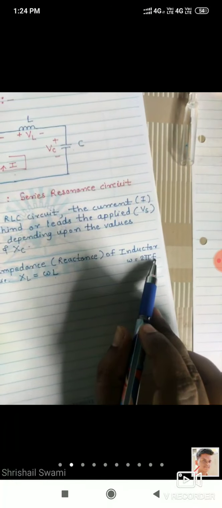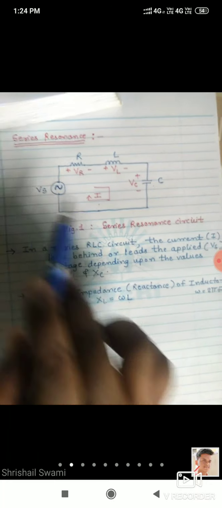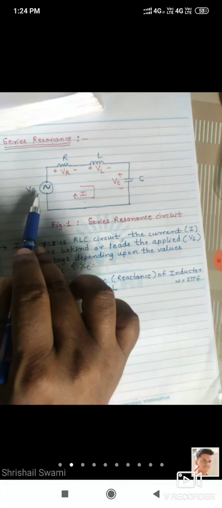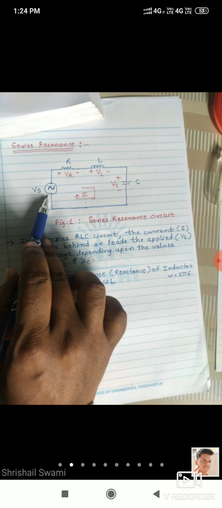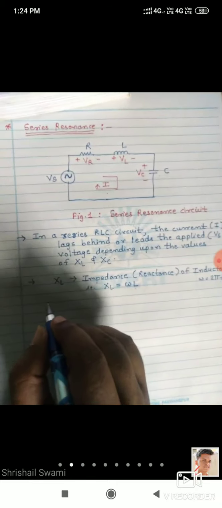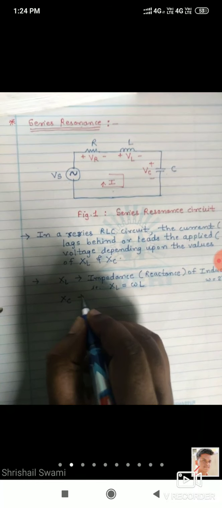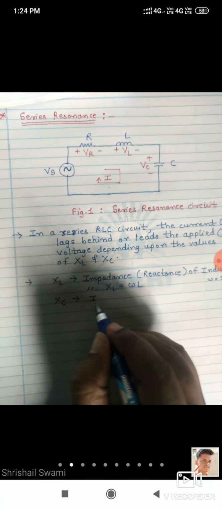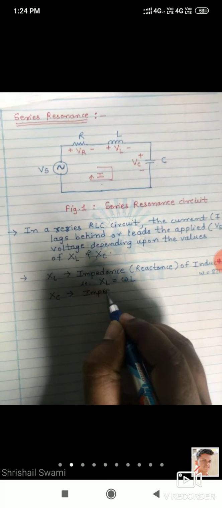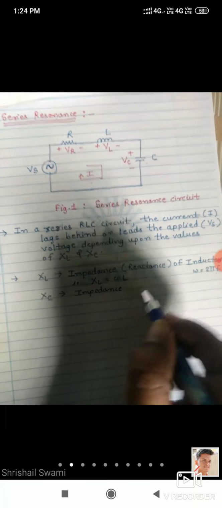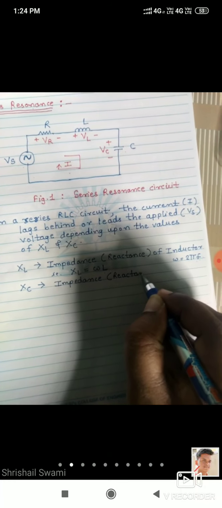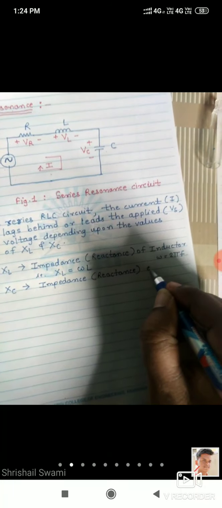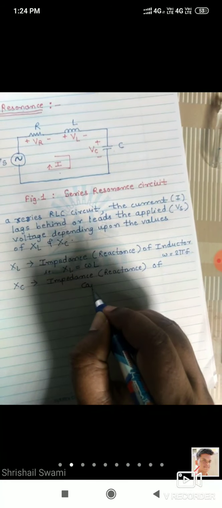So f is nothing but the frequency of this Vs. Okay, the frequency of this signal. An AC signal has a frequency, right? So f is the frequency of this AC signal Vs. Similarly here Xc is nothing but the impedance or reactance of the capacitor.